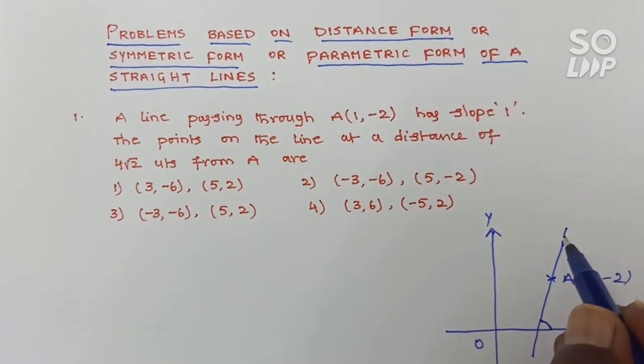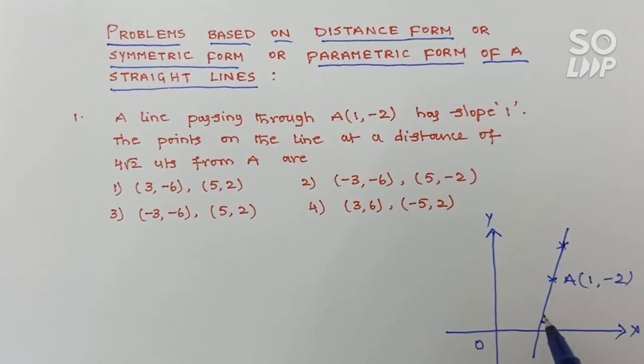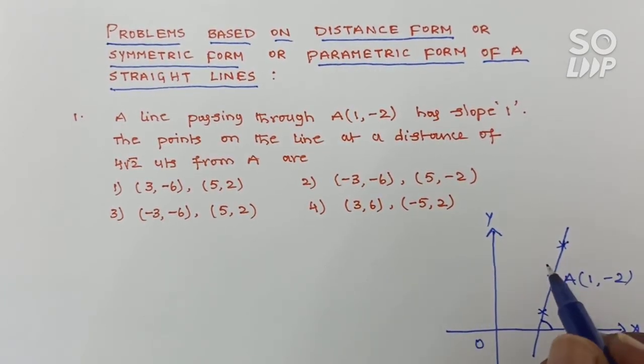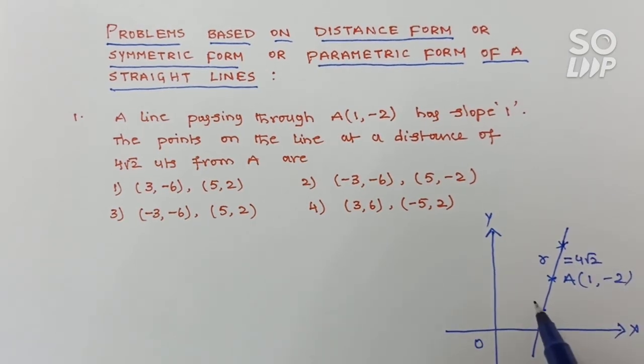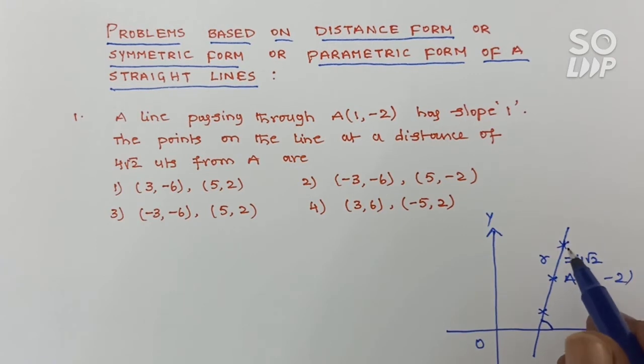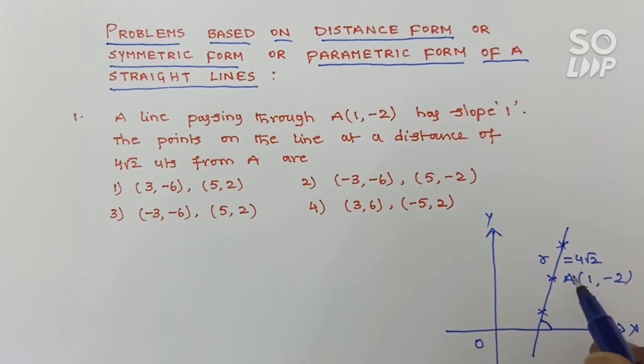Now we should find the remaining points on the line at a distance of 4 root 2. So 4 root 2 is the r value, r equals 4 into root 2. Obviously, on two sides of the point A, you will get points at a distance of 4 root 2.